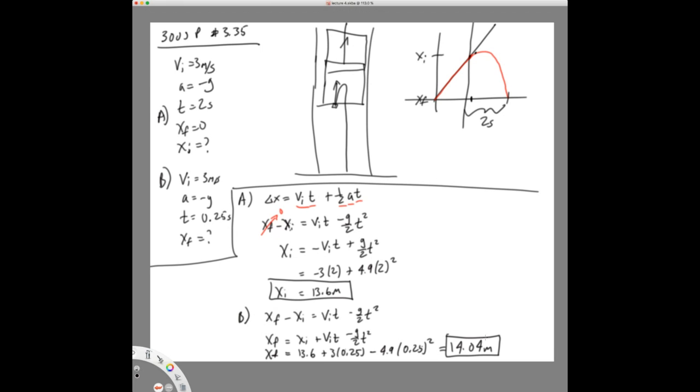And we could verify that by finding the velocity. v final equals v initial plus at, and that would be 3 minus 9.8 times 0.25. And that's 0.55 meters per second. Now, this last thing I did here was not technically part of the problem. I'm just illustrating the velocity after 0.25 seconds of the release is still positive. So it's still on the way up.